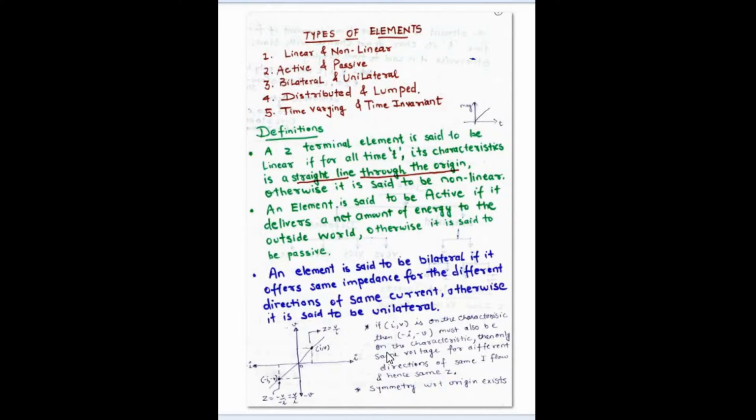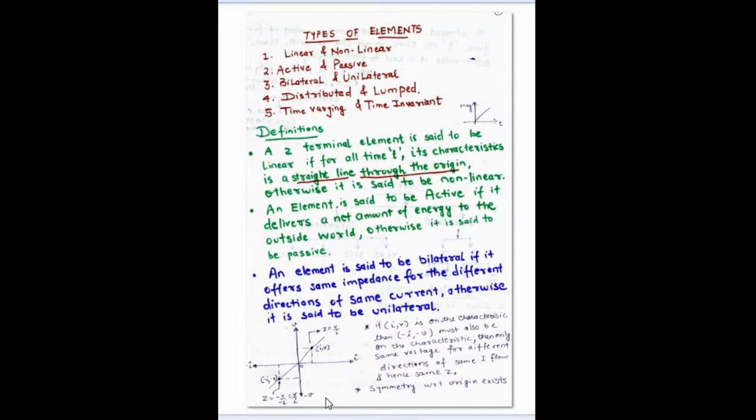Ultimately what I am going to explain here is the symmetry with respect to the origin, as shown in the figure. If an element's VI characteristic has symmetry with respect to the origin, then it is said to be bilateral, otherwise it is said to be unilateral.